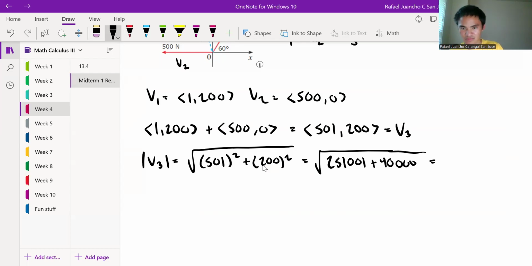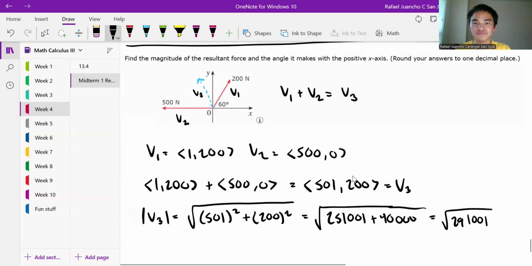Okay. I added to 40,000. I got 291,001. And if I take the square root of that, is it possible maybe? Okay, it's not possible. So that's my length.